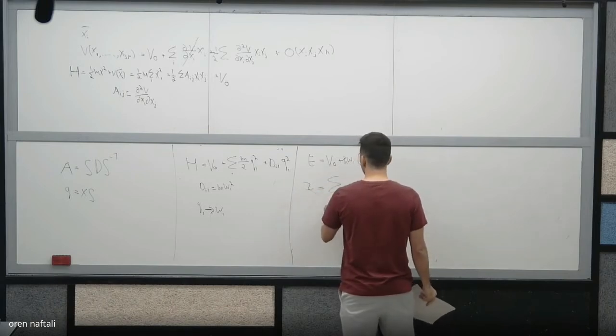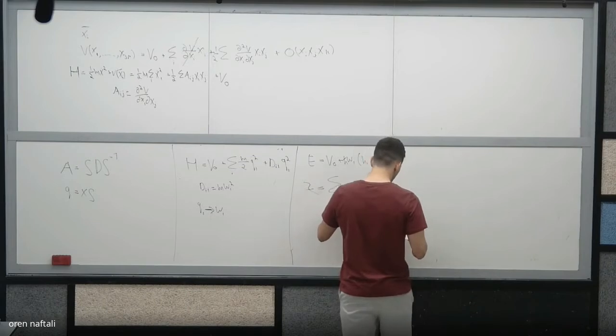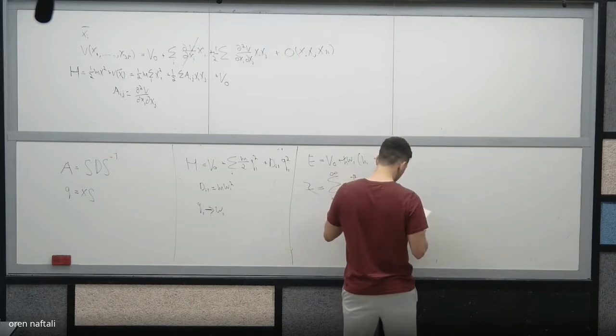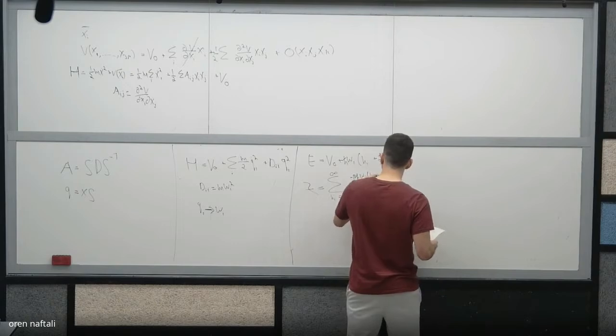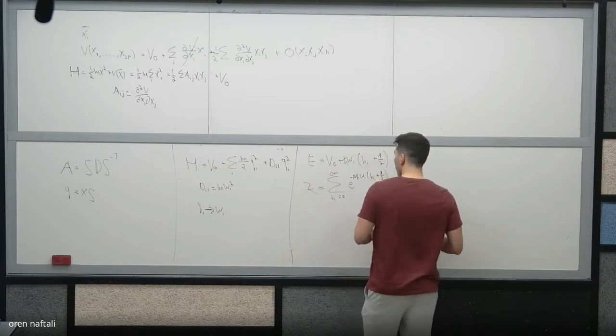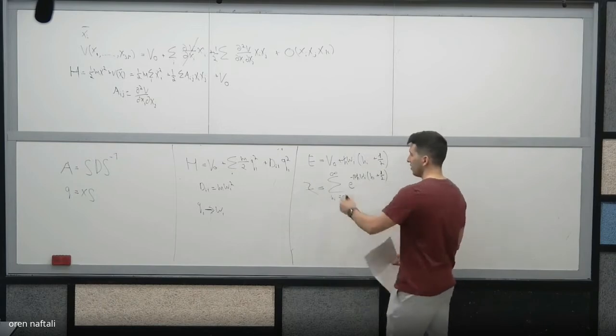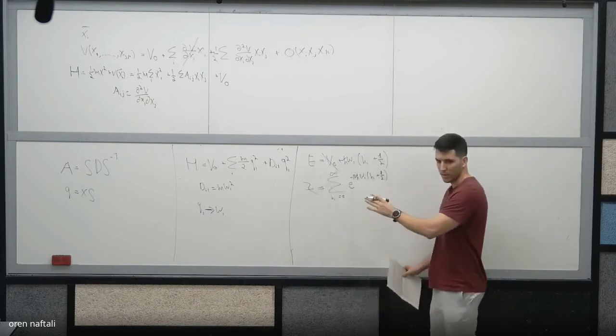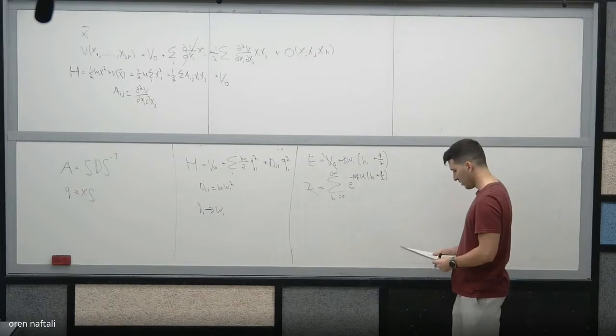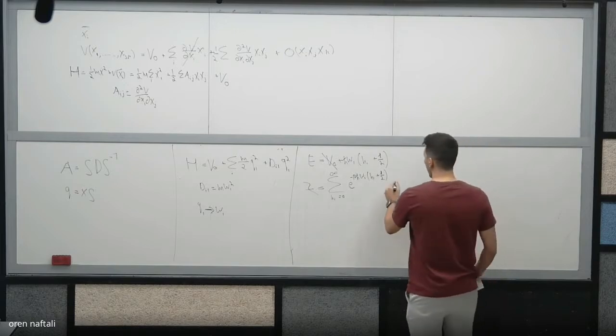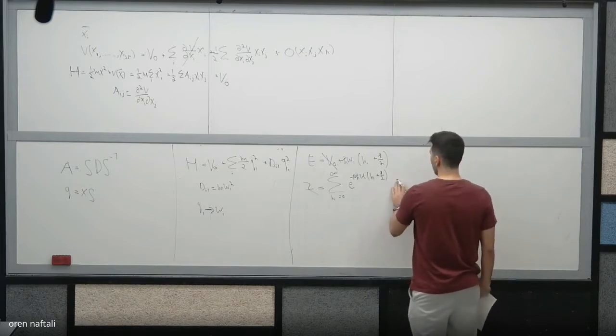By definition, it is just the sum over n_i from 0 to infinity of e to the minus beta, and of course I just neglect the zero-point term, because it doesn't matter.